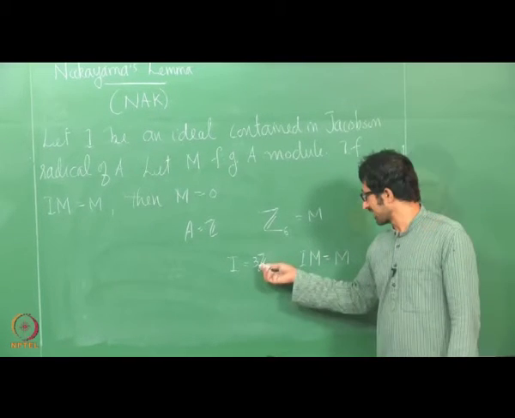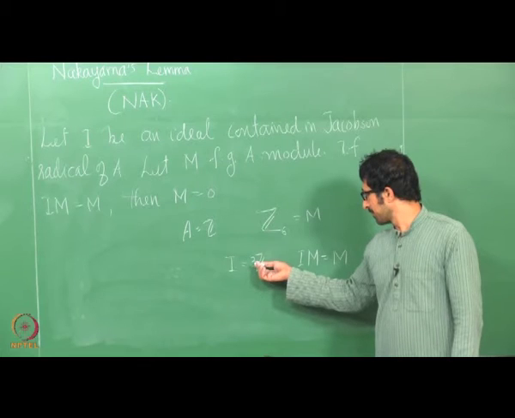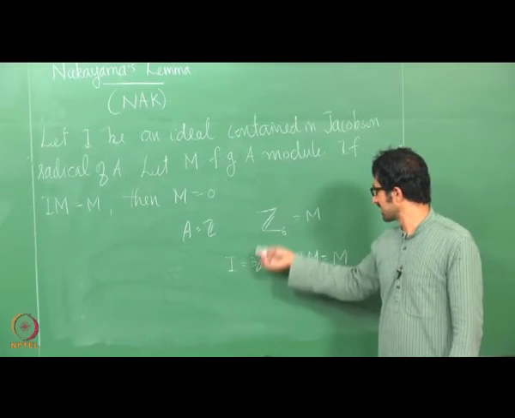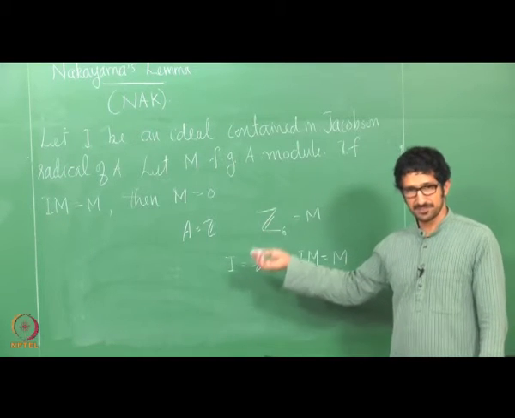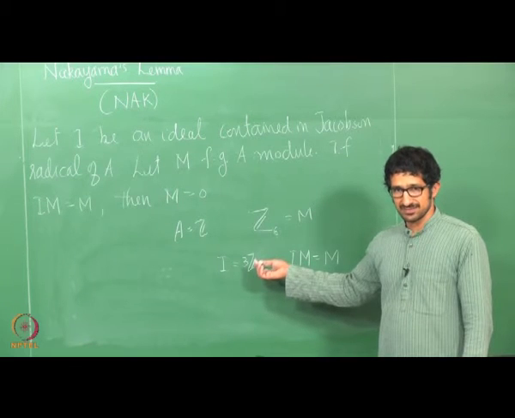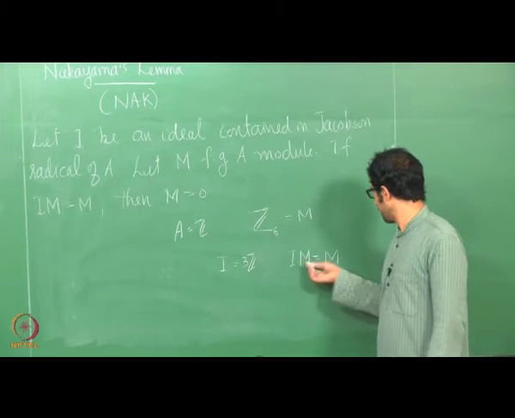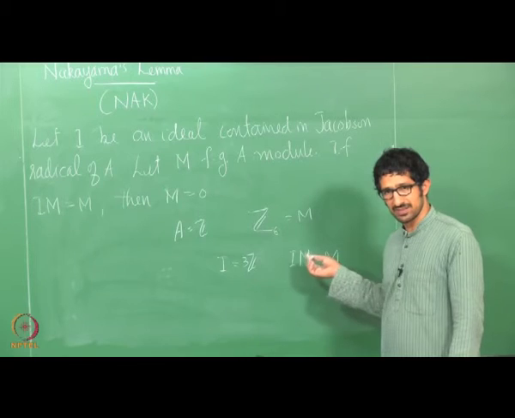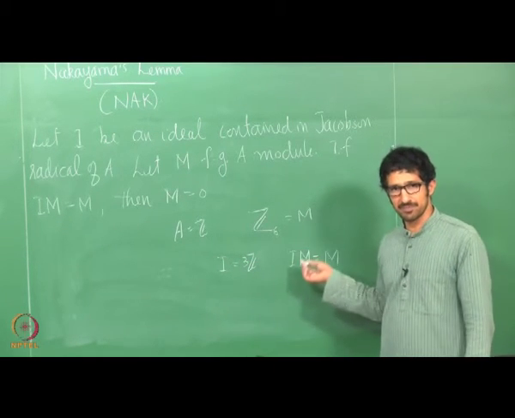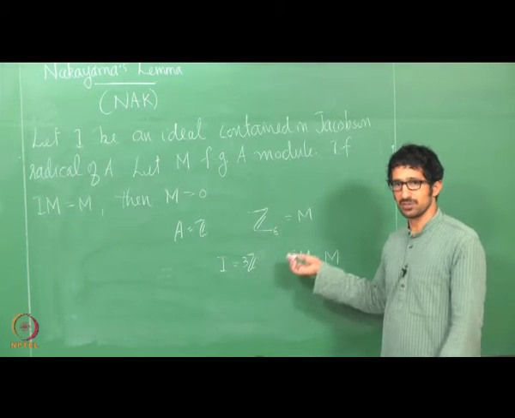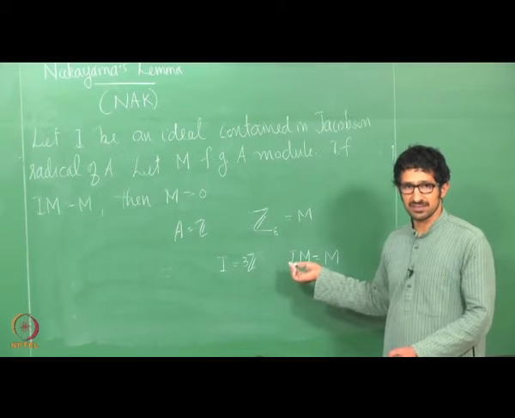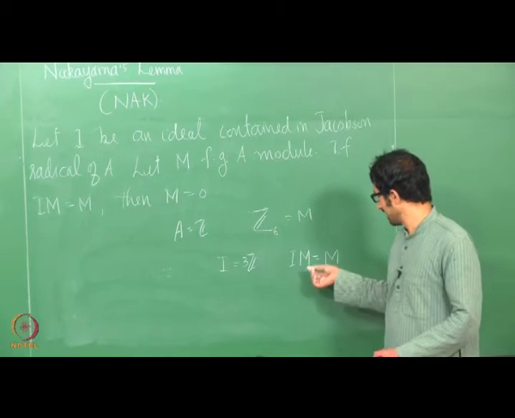Now 3 is a unit as well. So 1 will be here, right? 1 will be in IM. So as a module, if a submodule contains that generator, it will contain everything.